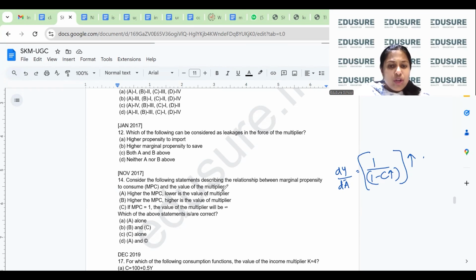So higher MPC, lower multiplier is incorrect. Higher MPC, higher multiplier is correct. If MPC is equal to 1, the multiplier will be infinity, since this will become 1 minus 1, which is 0. So this is C. Which of the following statements are correct? B and C are correct.